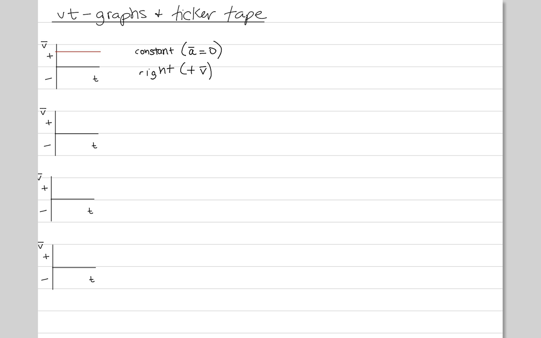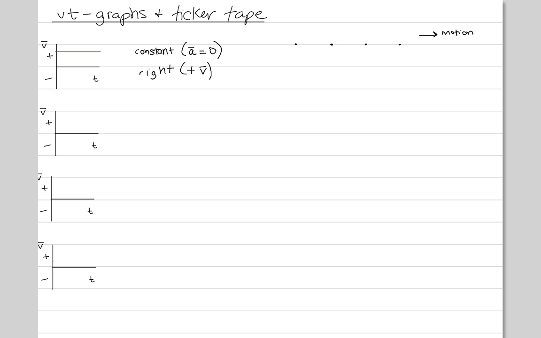The ticker tape would look like this. Equidistant points, with the motion obviously to the right.